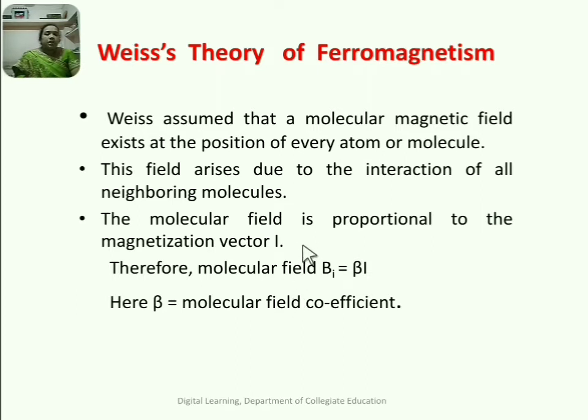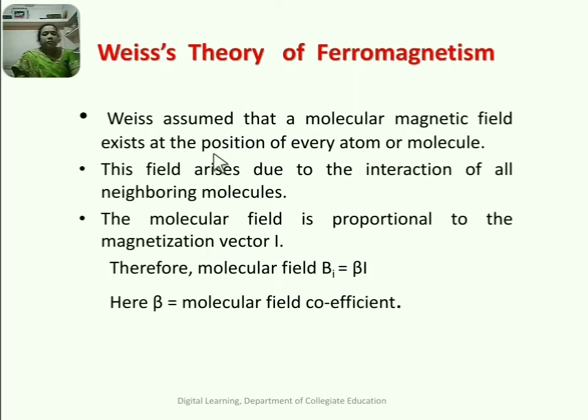Weiss assumed that a molecular magnetic field exists at the position of every atom or molecule. This field arises due to the interaction of all neighboring molecules.